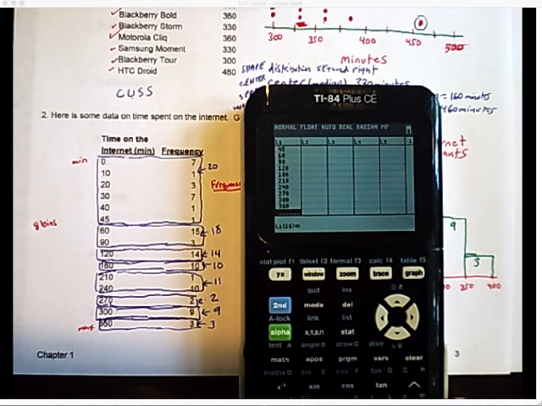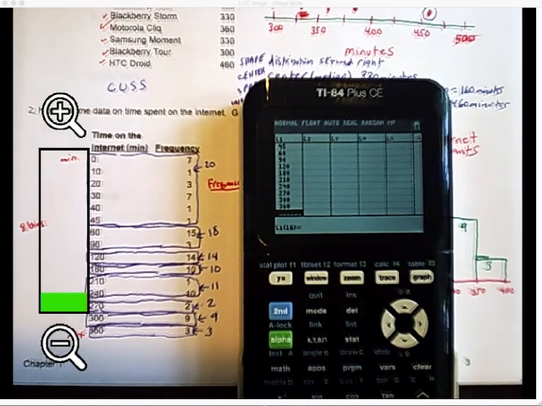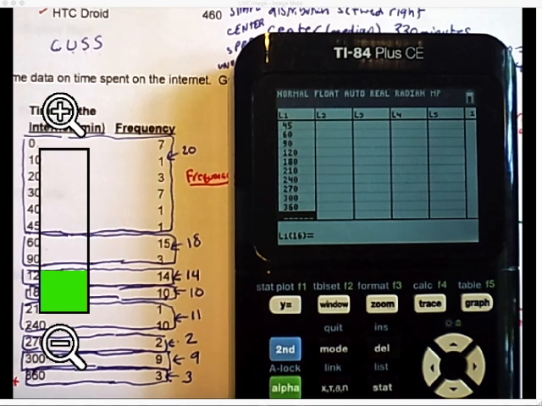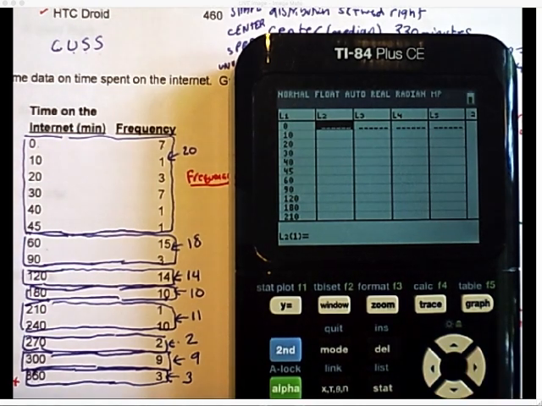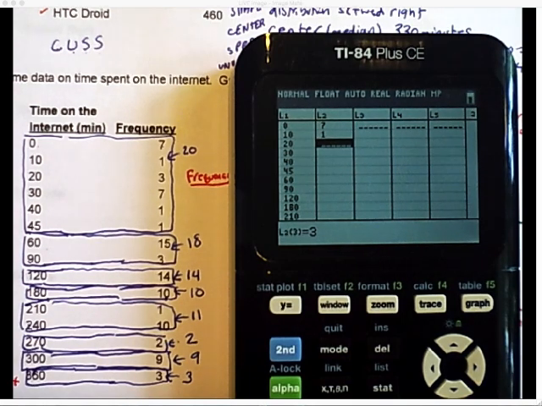After each number I'm typing, I'm hitting enter, and it takes me to the next row. Okay? And in list 2, I'm going to put the frequencies. So frequencies are 7, 1, 3, 7, 1, 1, 15, 3, 14, 10, 1, 10, 2, 9, 3.